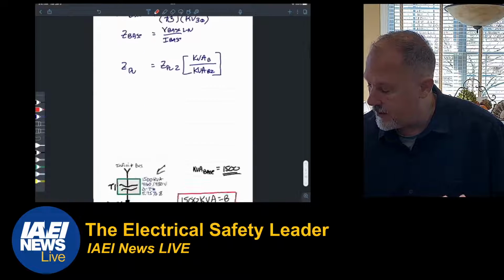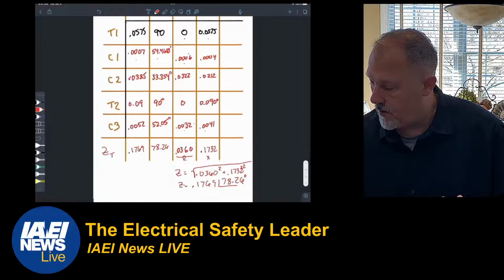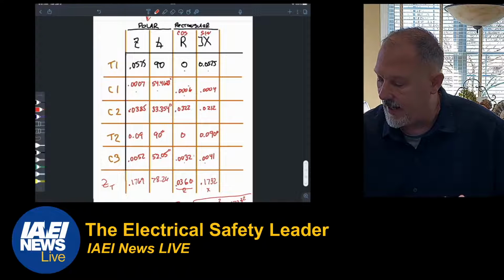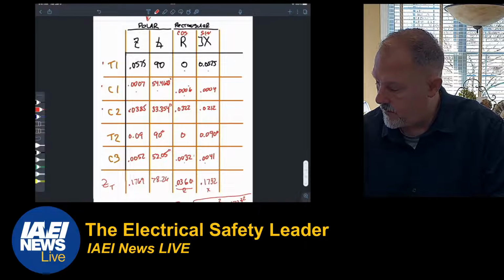So I got to come down to my table. I have to take T1, C1, and C2. Calculator. I'm going to put a little line right here.